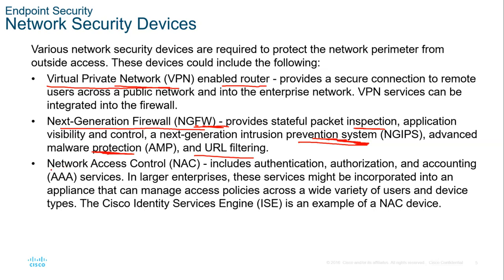We have another device called network access control, which includes authentication, authorization, and accounting services. In large enterprises, these services might be incorporated into appliances that can manage access across a wide variety of users and device types.